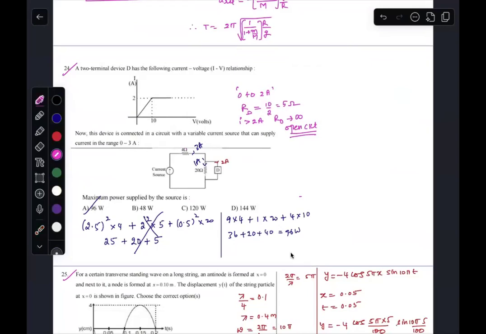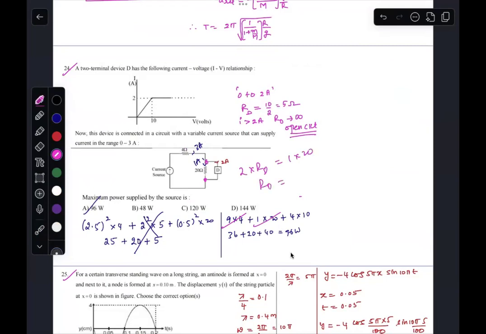Later on, what I have done, I have assumed 3 amps is going. You do whatever, the maximum that goes through this is 2 amps, and the potential drop across these 2 points is the same. So therefore, what I have noticed is 9 into 4, done. I square into 20, done. 4 square into area 2 into resistance of D is the same as 1 into 20.